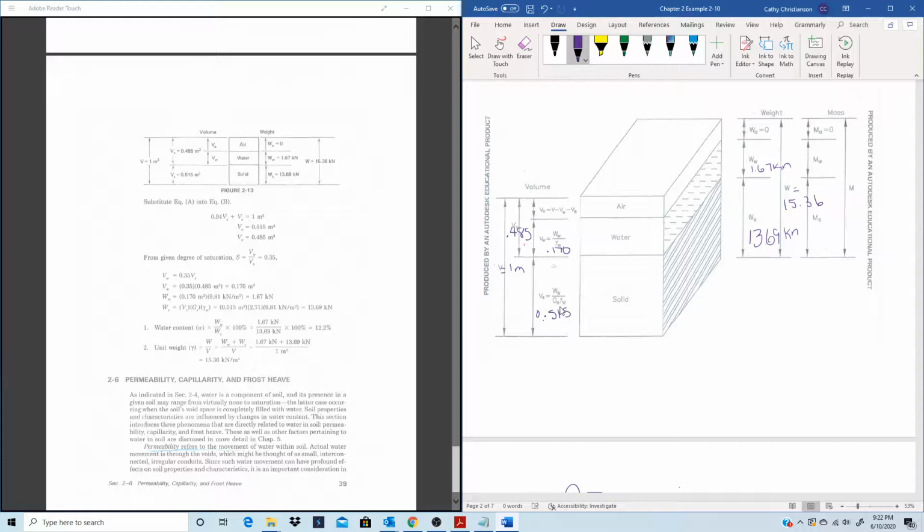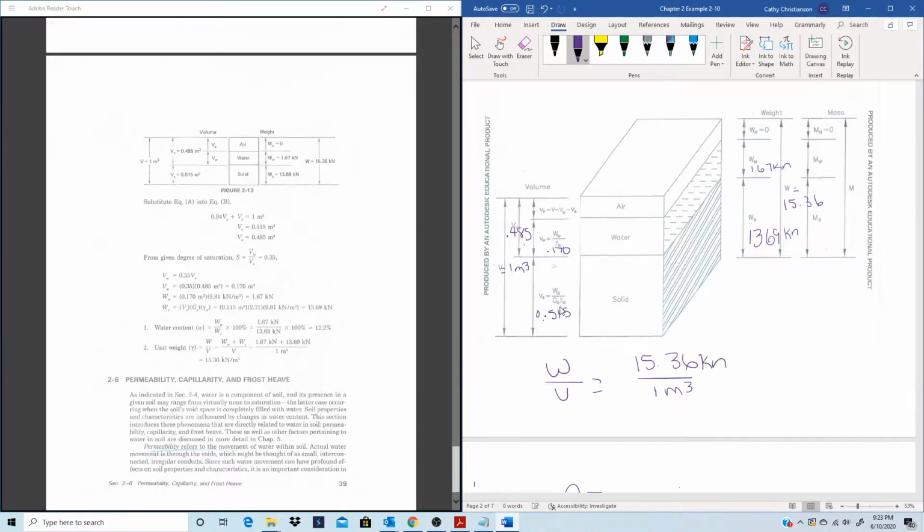Alright, so they want water content and they want unit weight. Unit weight is just weight divided by volume, and the total weight is 15.36 divided by 1 meter cubed. I forgot my cube there.